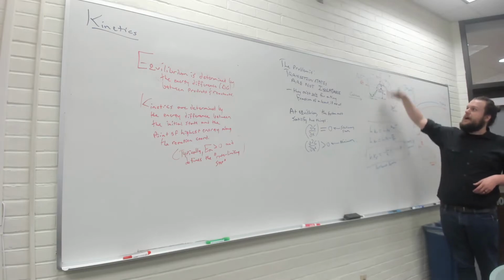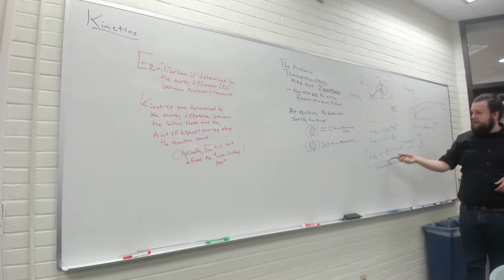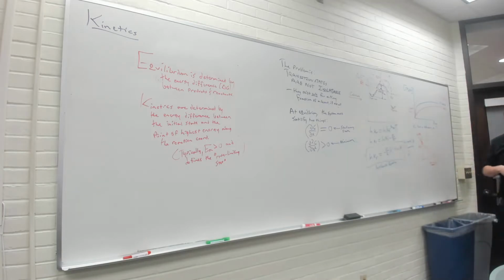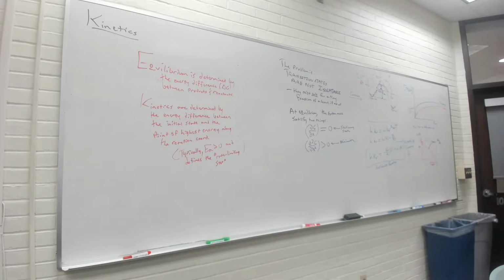We can measure how many molecules in our system have enough energy to get over this barrier because it's in the slope of the Arrhenius equation. The slope of this is minus EA over R, the gas constant. So we can measure energetic characteristics of it, but we can't actually observe the transition state.